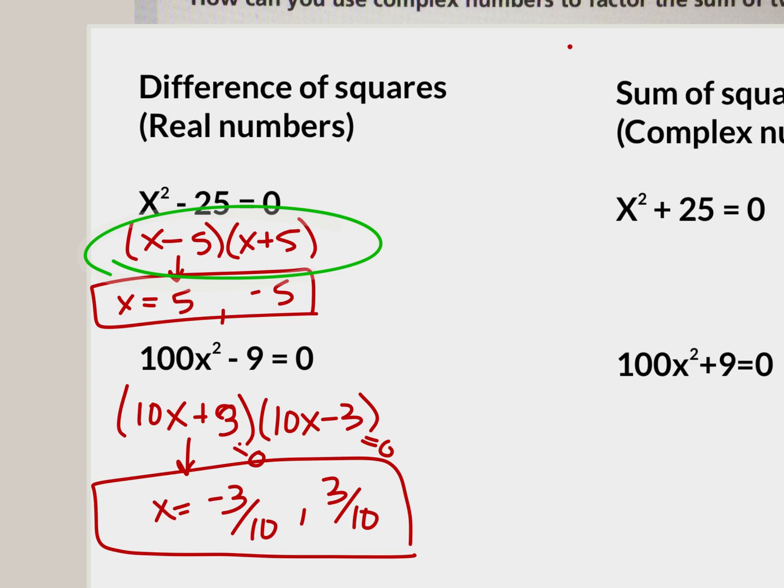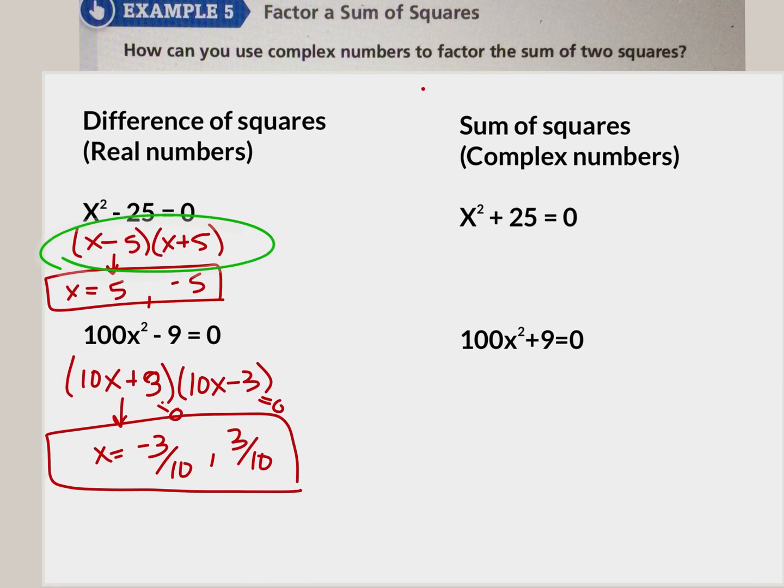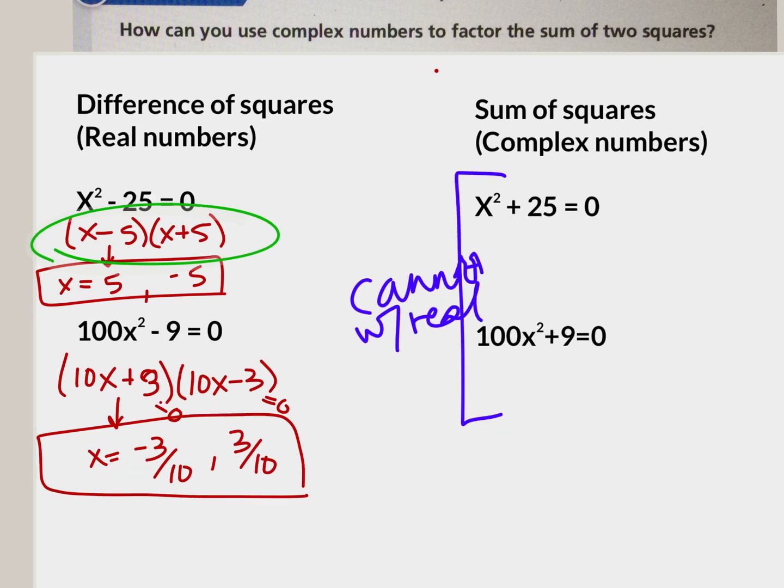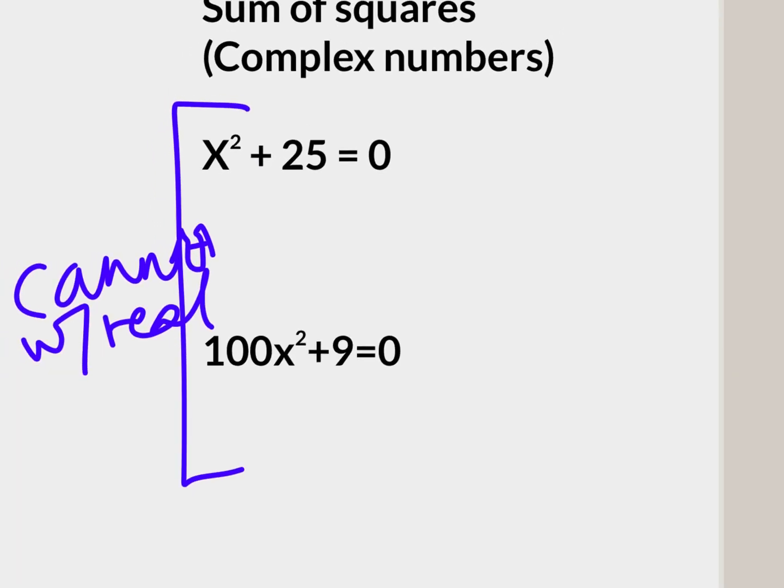So when we do sum of squares, normally we say this cannot be factored, which, using real numbers, these examples right here cannot factor with real numbers. But they can with complex numbers. So let me show you what that looks like. If I were to solve this and move the 25 over, this would become x squared equals -25, which I know that negative, when I take the square root, will give me an i.